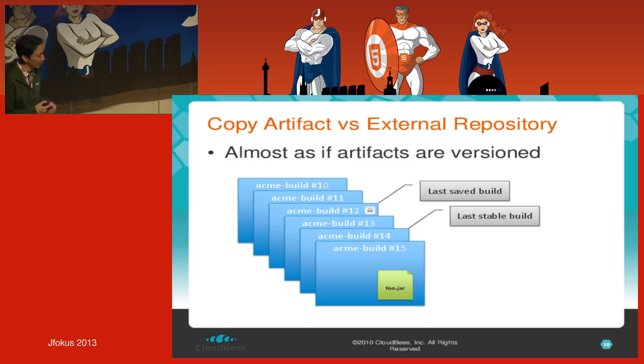So Jenkins has what we call permalinks, which identify the latest build that satisfies a given criteria. In this picture, the last build that passed all the tests was build 14, and perhaps 15 didn't pass all the tests. Jenkins also allows you to mark a build as persisted, that's a manual action, and this could also be useful information.